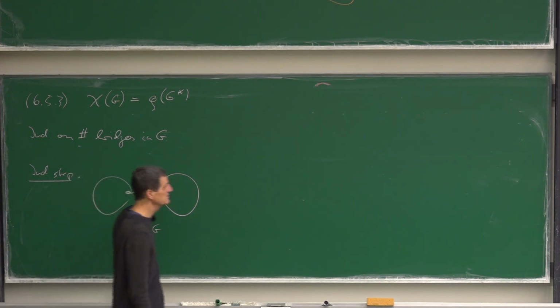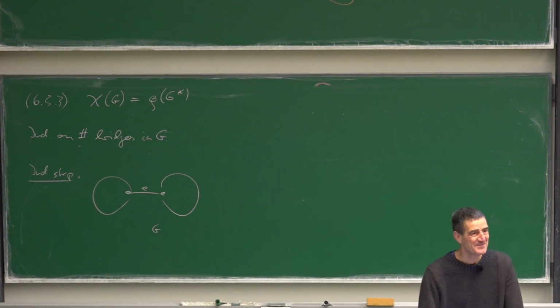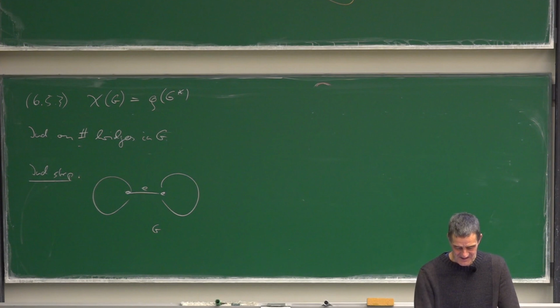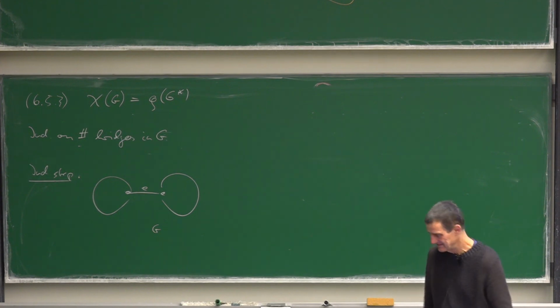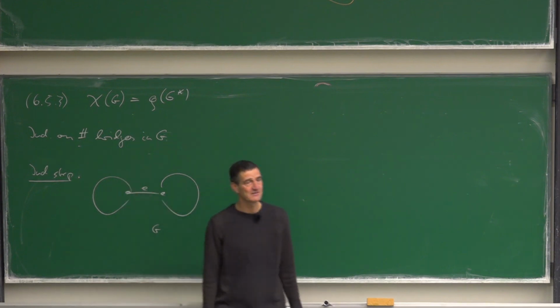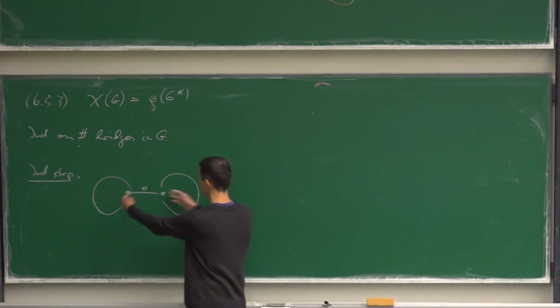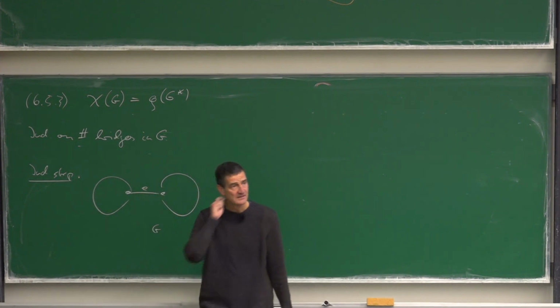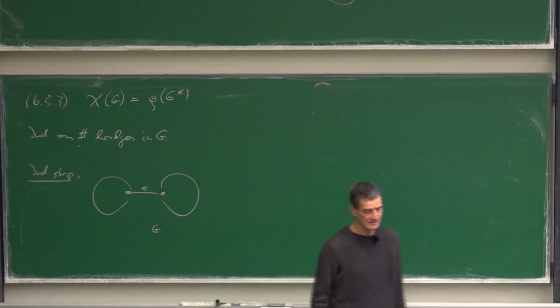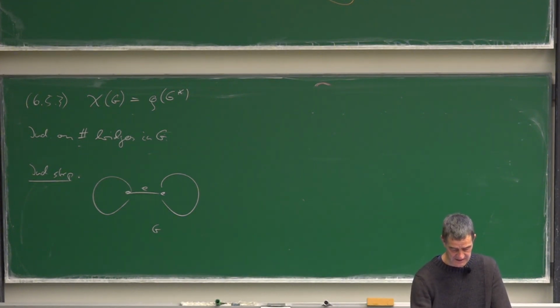I said I didn't want any loops. Well, maybe at this point it's okay to have loops. Sorry, look it up in the text. So contracting E corresponds to deleting that loop in G star. When we have contracted E, it's no longer there, and the loop E star then is no longer there, and therefore has been deleted.